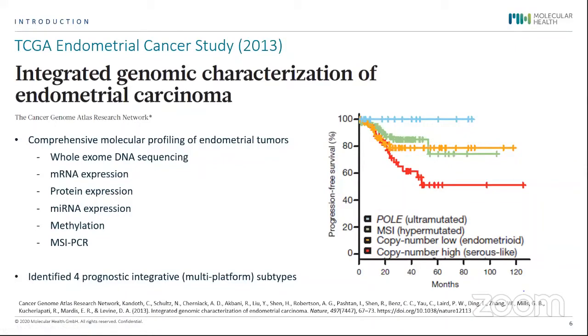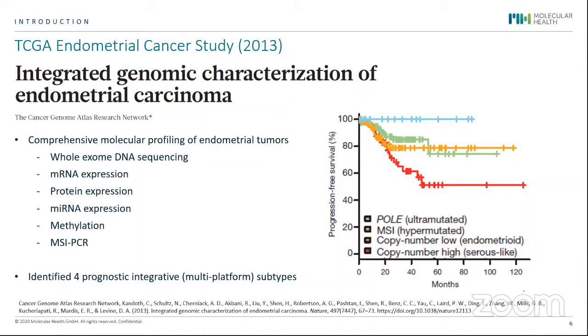This is around 10 years follow-up time here. And there's one class that's called copy number high. It's characterized by, well, as the name says, high copy number counts. That is the poor outcome class for endometrial cancer.